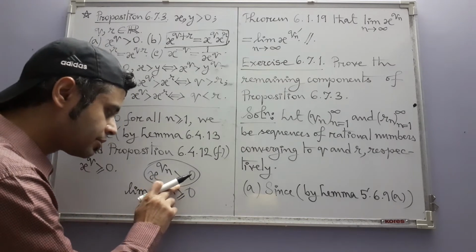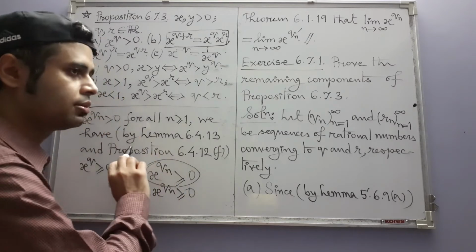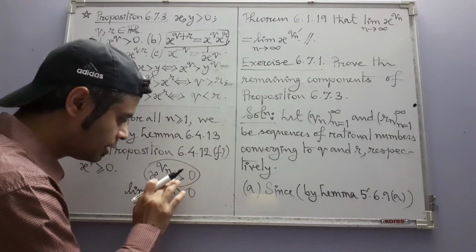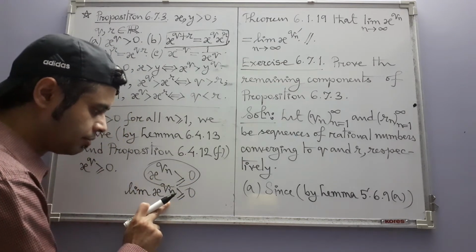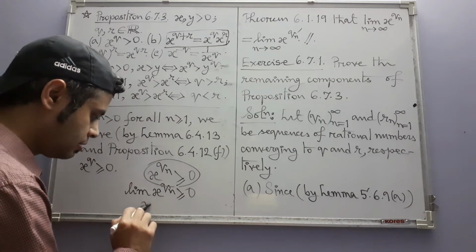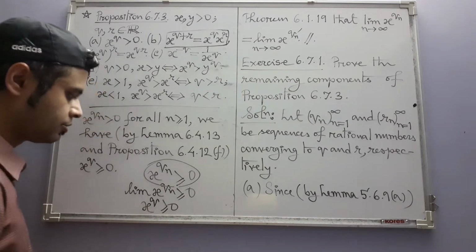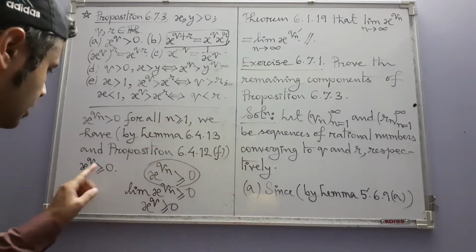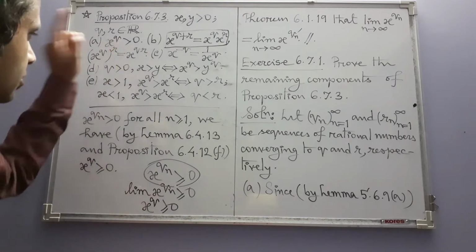If you have strict inequality, that implies this, but this does not imply that strict inequality necessarily. So we can go from here to here, and this thing is by definition x to the power q, that is greater than or equal to 0.